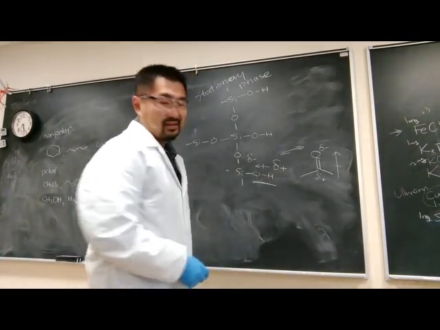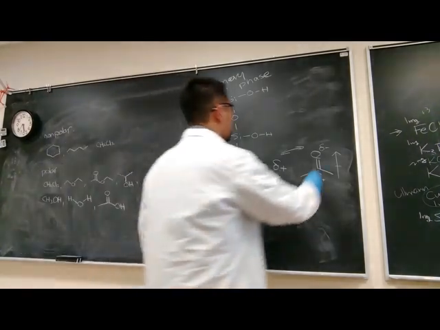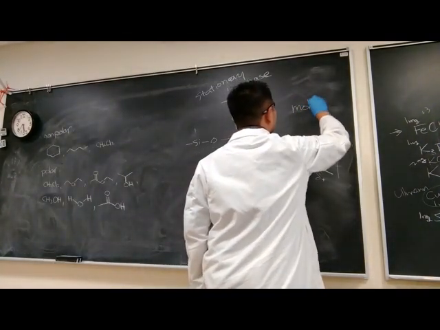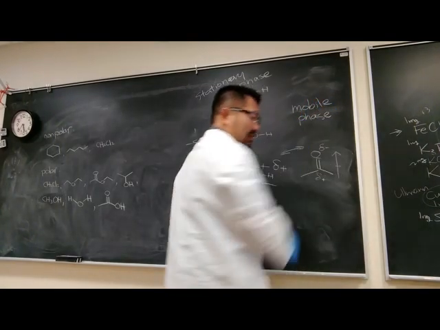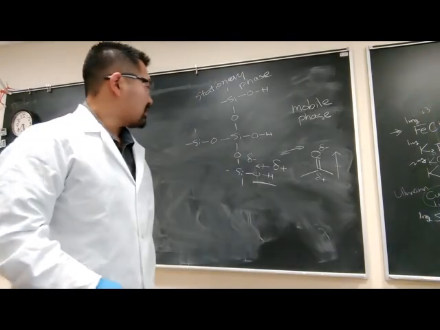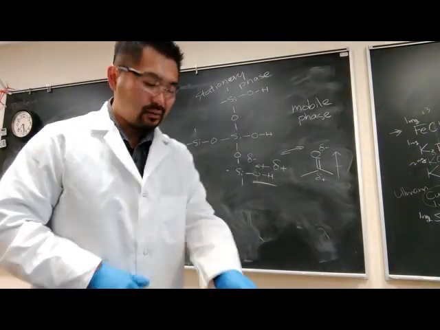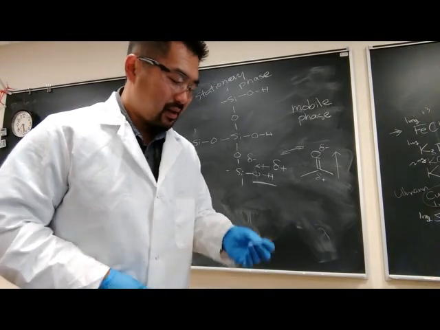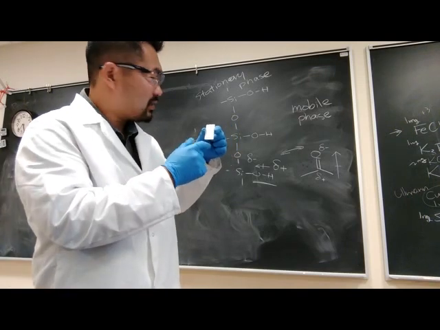Now, that does imply that there's something that's going to be mobile, and there's going to be a mobile phase. Only I can spell that word. The mobile phase is the solvent that you're going to select and use to run the TLC plate. What's going to happen is you'll dip the bottom of this TLC plate.